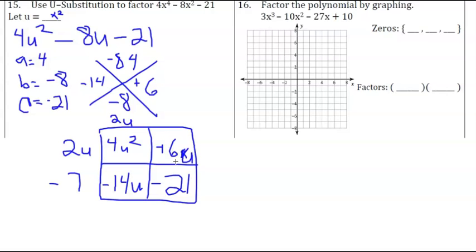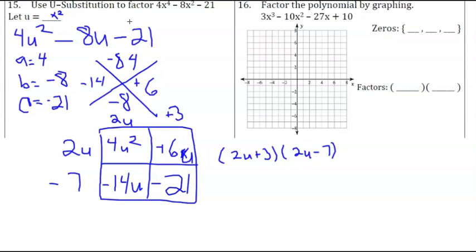And the GCF of these last two is positive 3. We can always check by multiplying them back in. 2u times 2u is 4u squared, and so on. So these are our factors. We have 2u plus 3 and 2u minus 7.